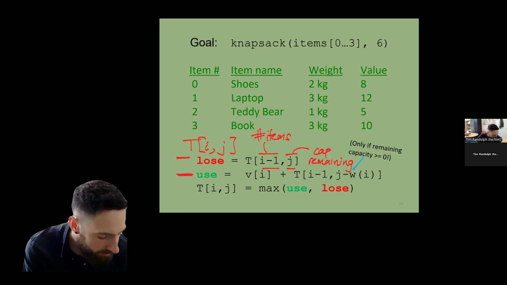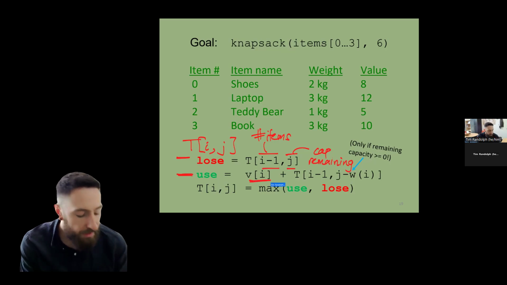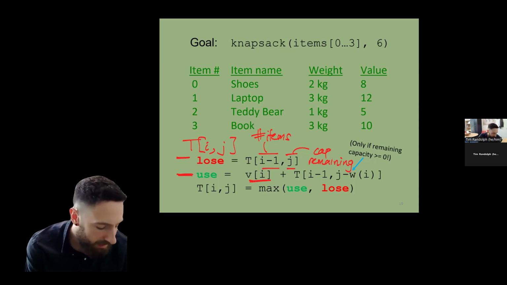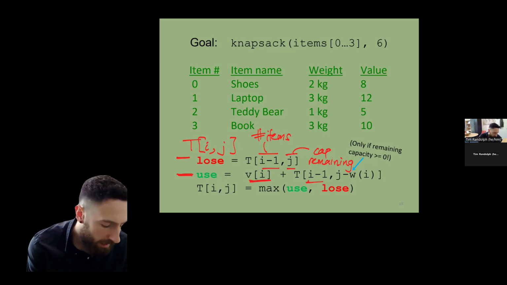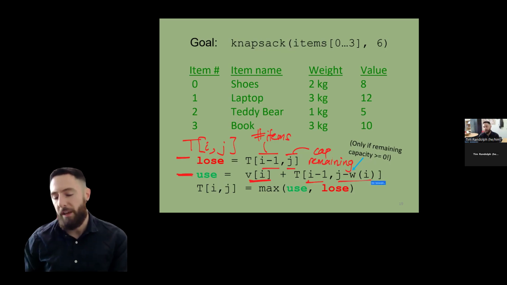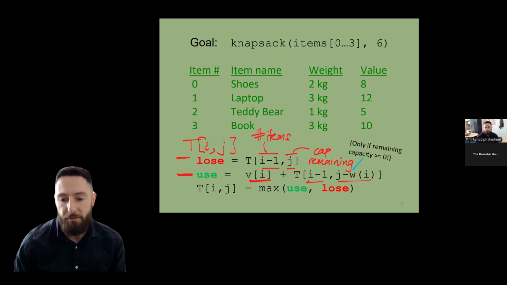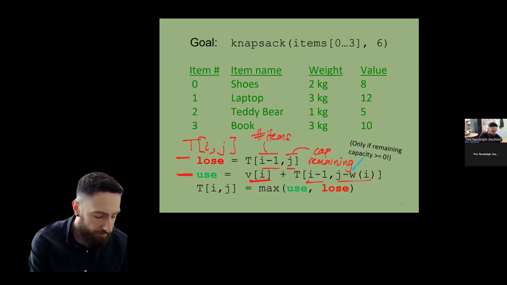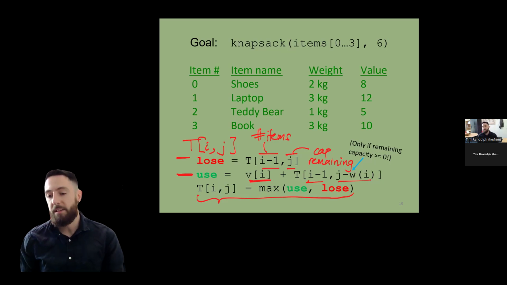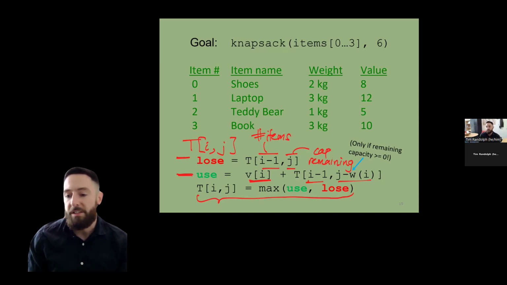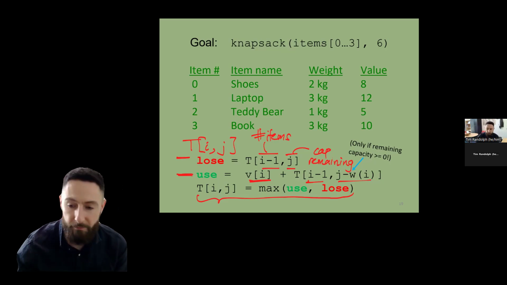The use case will be one where I gain the value of the item because I'm putting it in my knapsack. I lose the item because I've processed it, and my capacity remaining goes down by the weight of the item. This is the same logic as our recursive function. So I'll fill in this cell with whichever is better of the use case and the lose case, but now I'm not making recursive calls. I'm looking at previously filled in table cells.